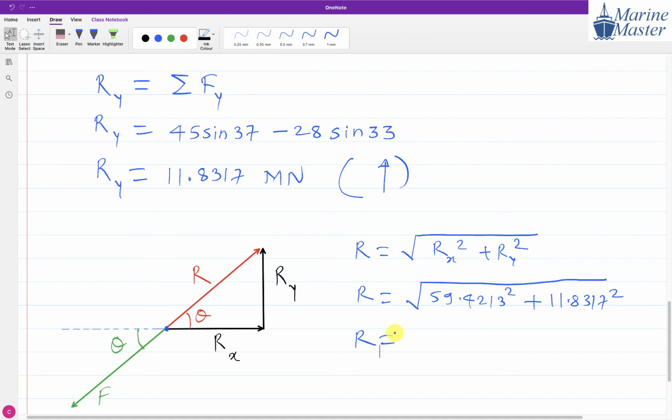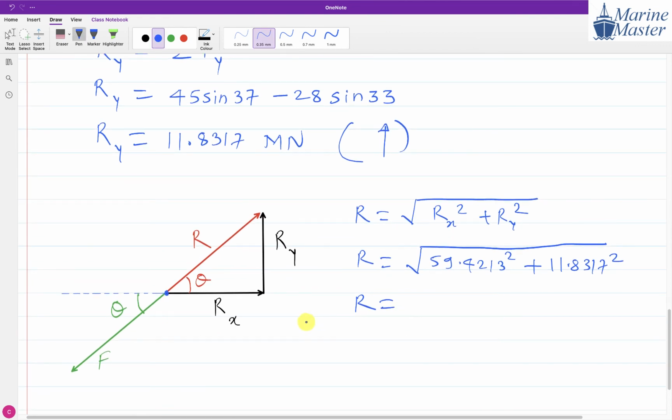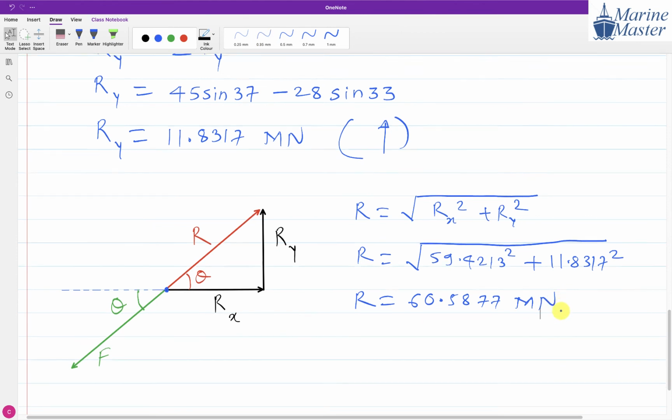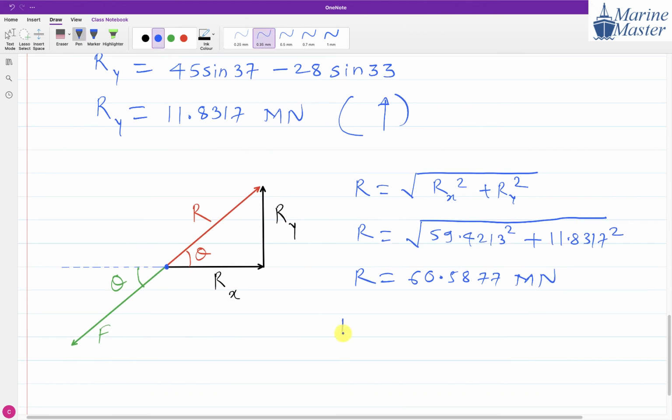So R is 60.5877 unit meganewton. And what will be the value of tan theta? Tan theta will be Ry by Rx.